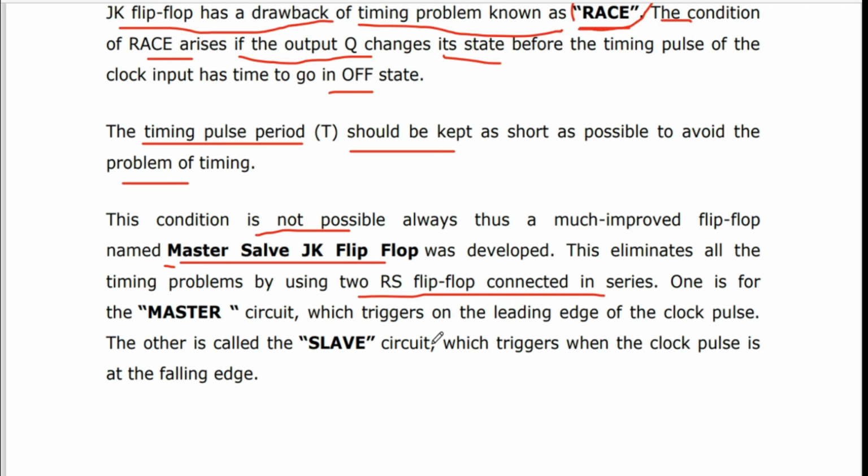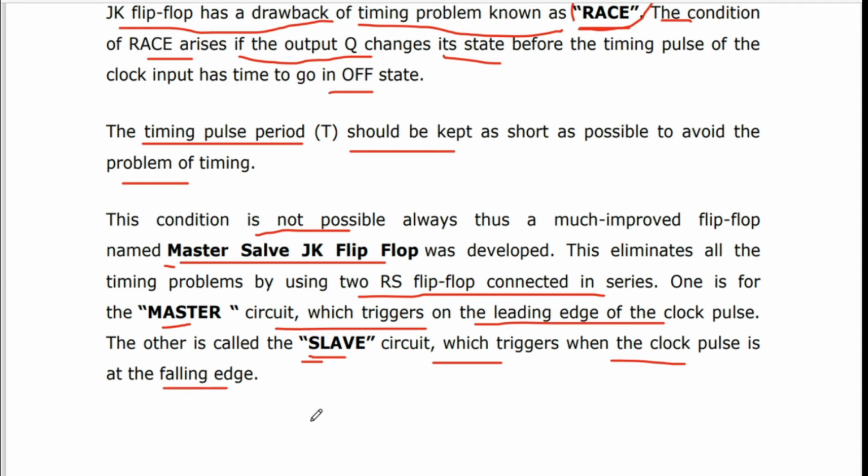So how do we design this master slave JK flip-flop? It can be designed using two SR flip-flops which are connected in series. One is called the master and the other SR flip-flop is called the slave. The master circuit is going to trigger on the leading edge of the clock pulse, and the slave will trigger on the falling edge of the clock pulse.